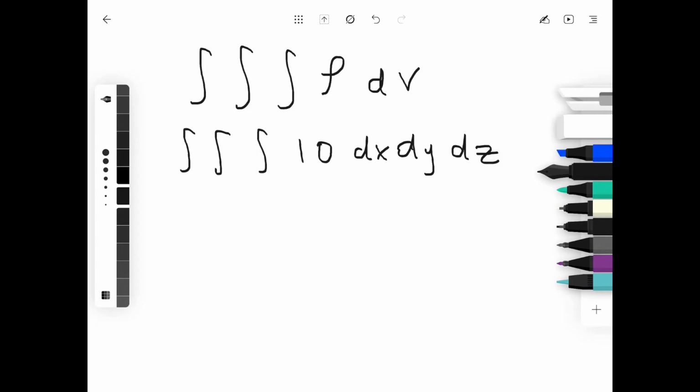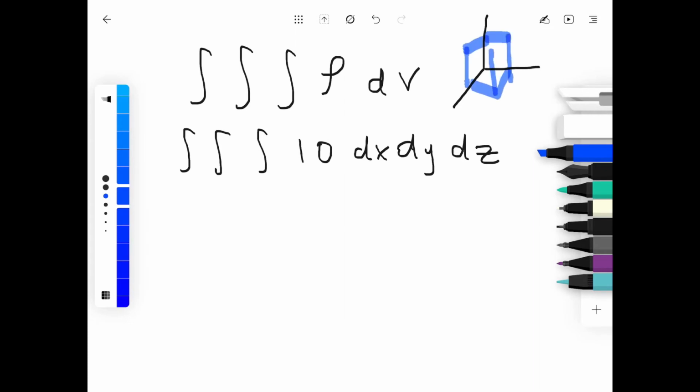And say we're actually given a solid that looks something like this.